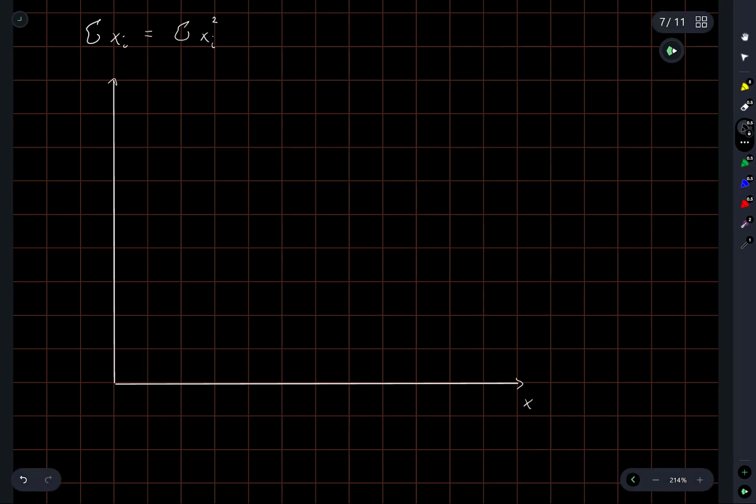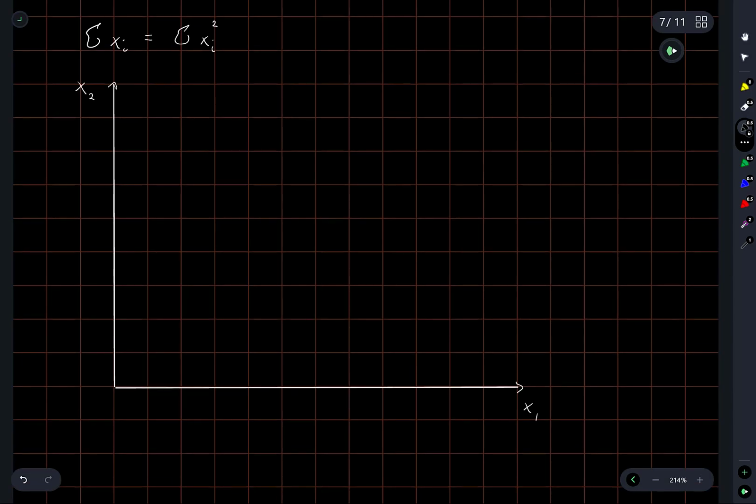So along this axis we'll have x1, and on this axis we'll have x2. And we're given in the question that the sum of the two numbers is equal to the sum of the squares of these two numbers. I'm going to say that this is equal to k.